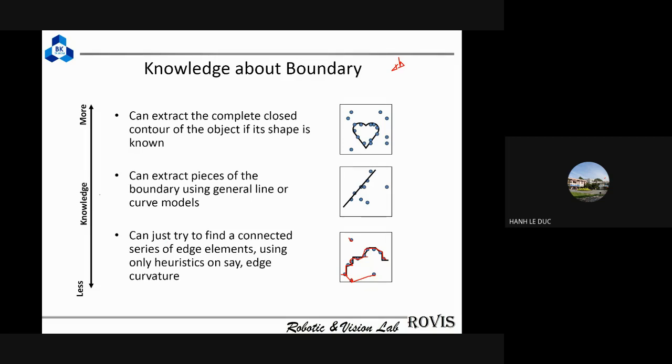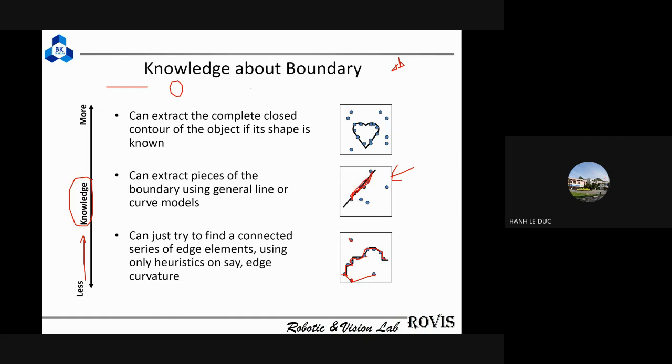And if you have a little more knowledge, for example, in the image I want to recognize the line, the circle, right? That means you have more knowledge, so the image processing will connect the points into a straight line in the image.